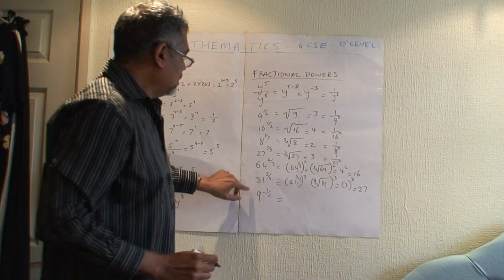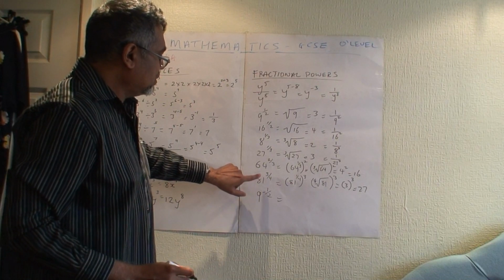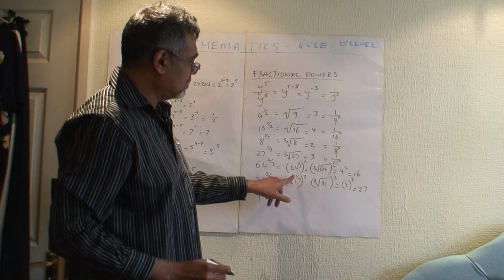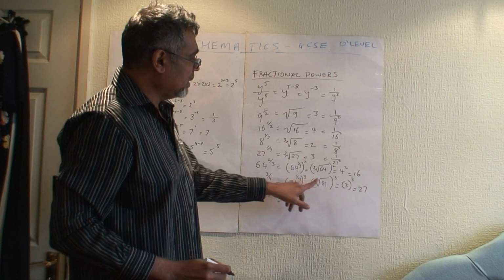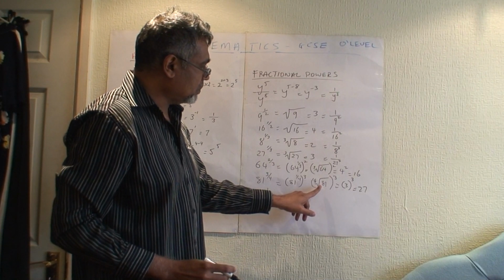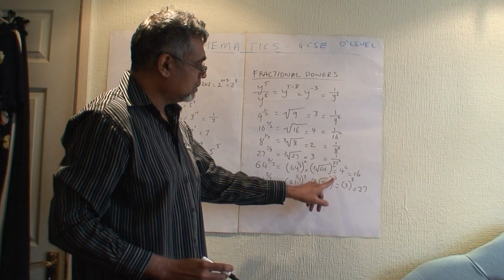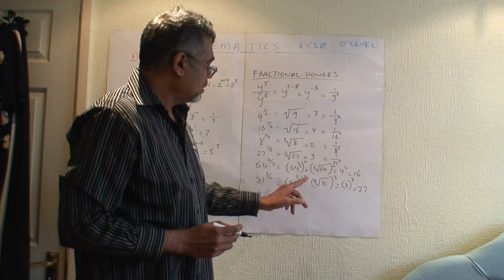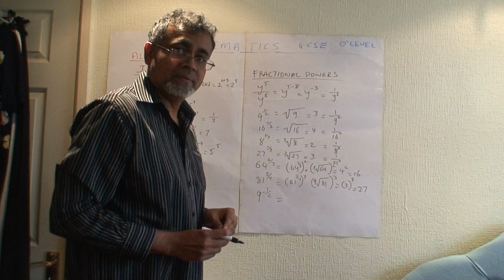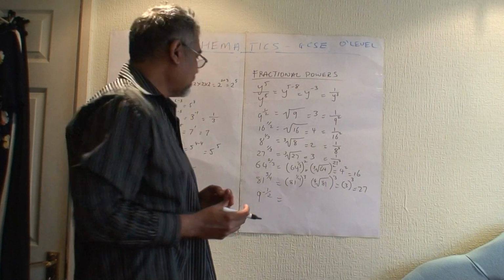Okay, so 81 to the power of 3/4 can be written like this. It's the fourth root of 81 cubed. Fourth root of 81 is 3, to the power of 3 is 27.